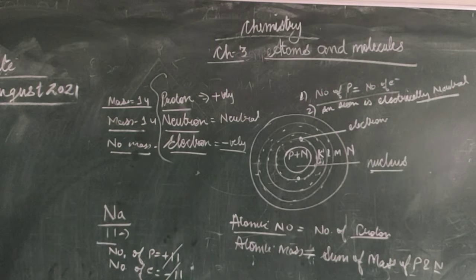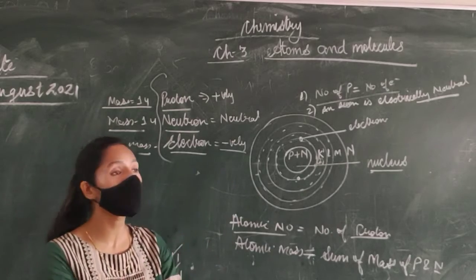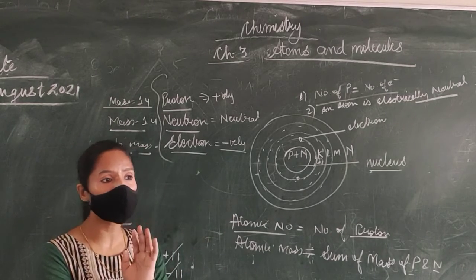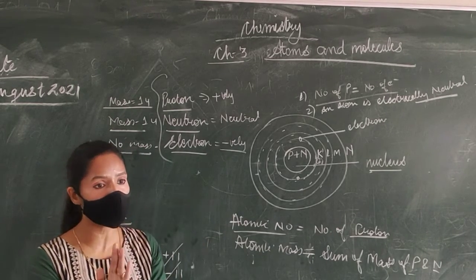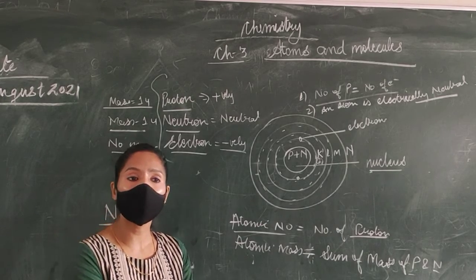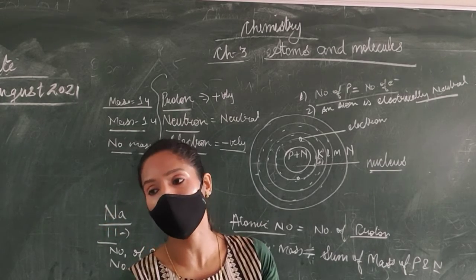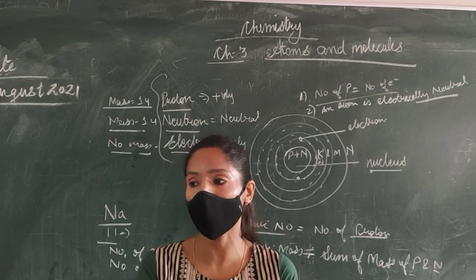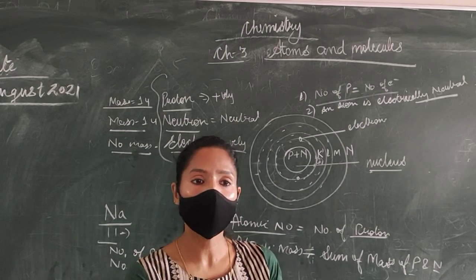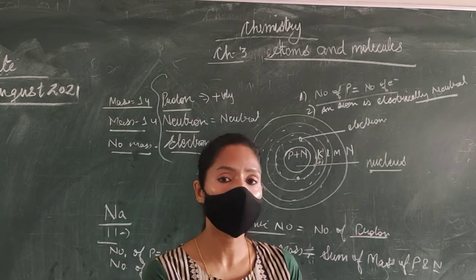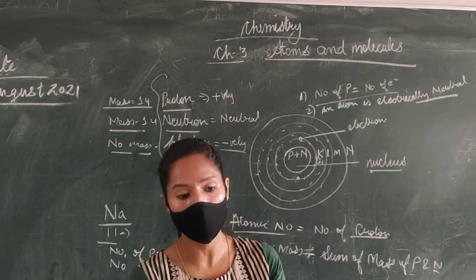That's why the atom is always electrically neutral. Despite having both positive and negative charges in it, it is electrically neutral because it has the same number of positive and negative charges, which cancel out.